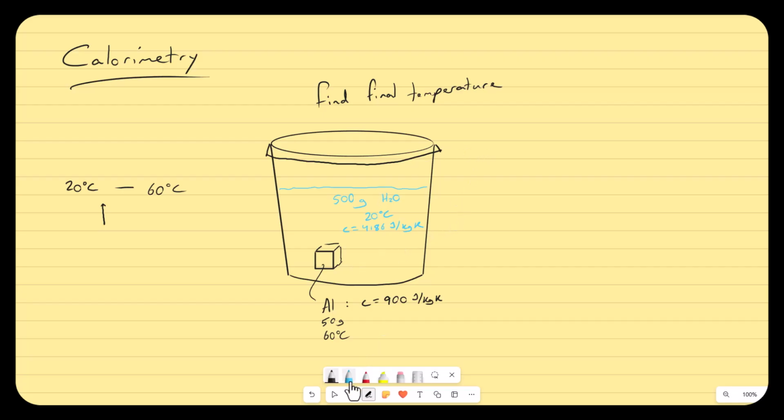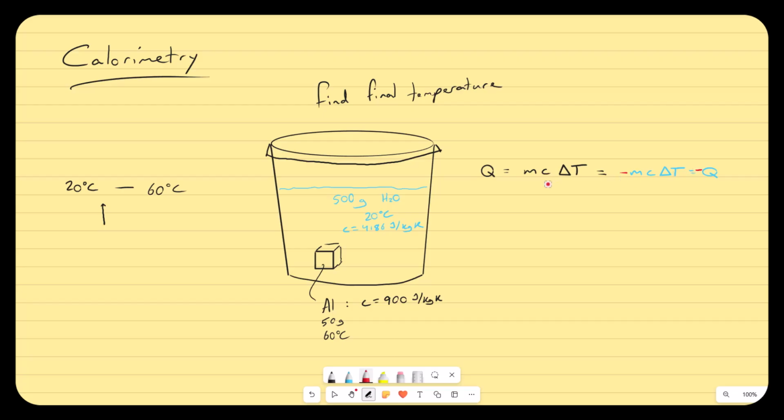All right, the heat lost by the cube, I'm going to have an MC delta T. Now that delta T, I'm going to come back to that, but that's where all my action is going to be. The heat picked up by the water is going to be an MC delta T, and I want the one to equal the negative of the other.